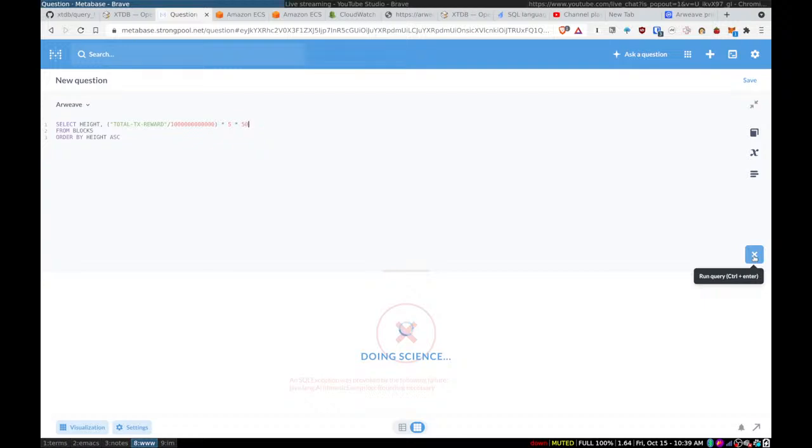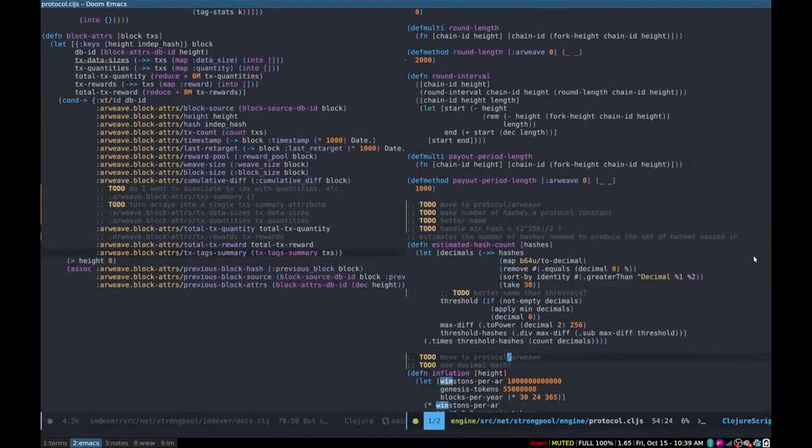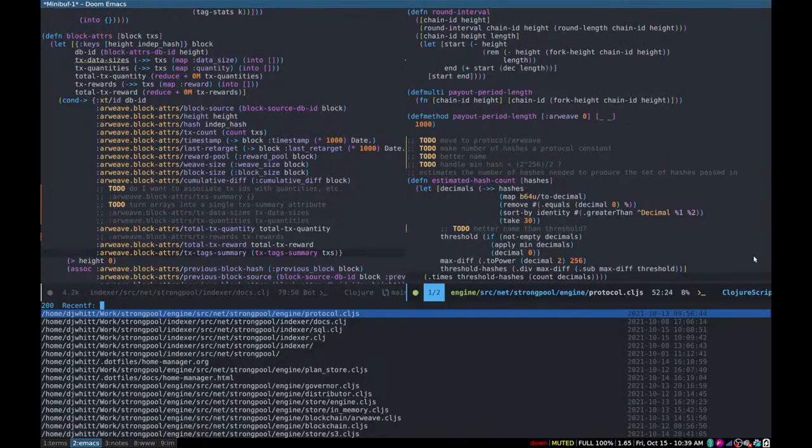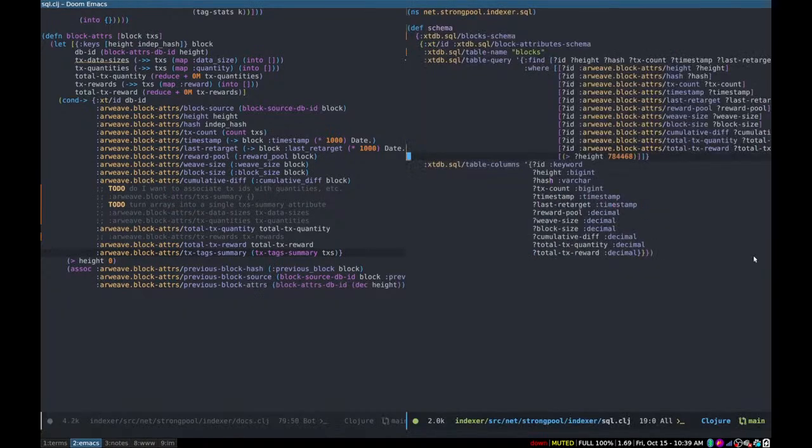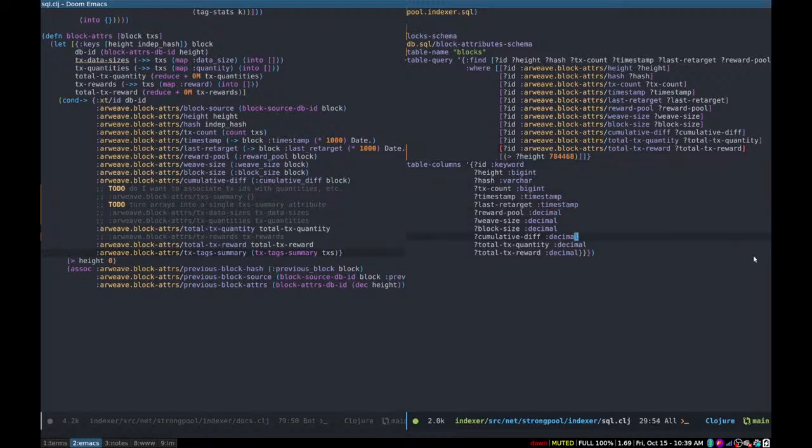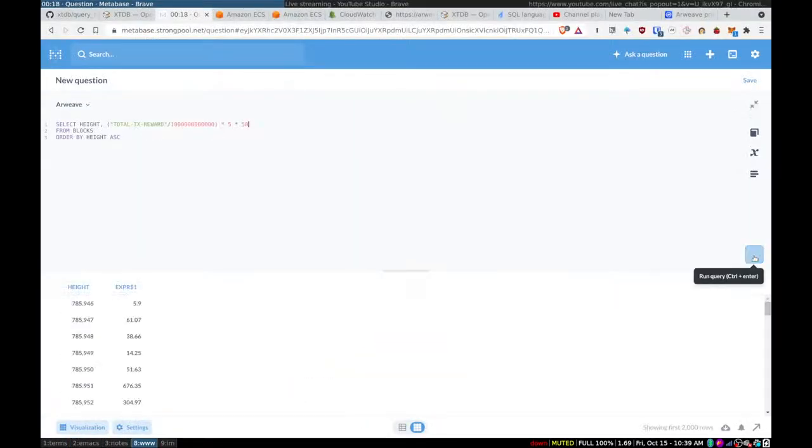So total TX reward. I think I have that in decimal in the database. Yeah, it's decimal. So I don't know how the rounding is working here. Well, whatever.